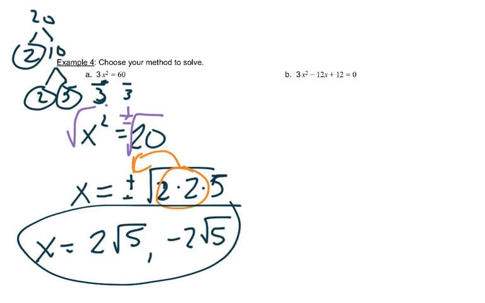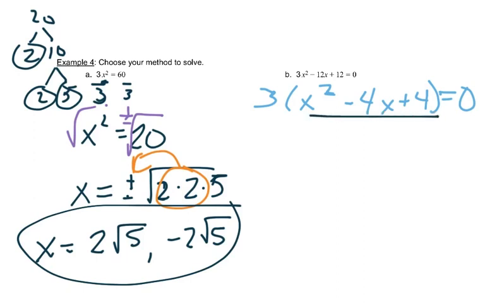This one has a 3 in front, but each piece could be divided by 3. So the first thing I could do was pull out that 3. So let's see what happens if I pull that out. So when I pull out a 3, I really want to be able to check to make sure it could be distributed back and get the same thing as I started with.